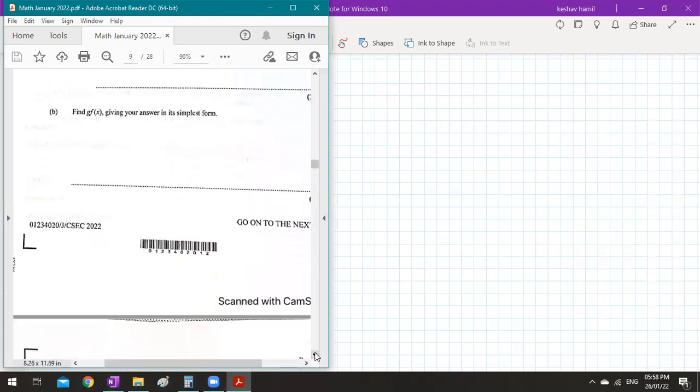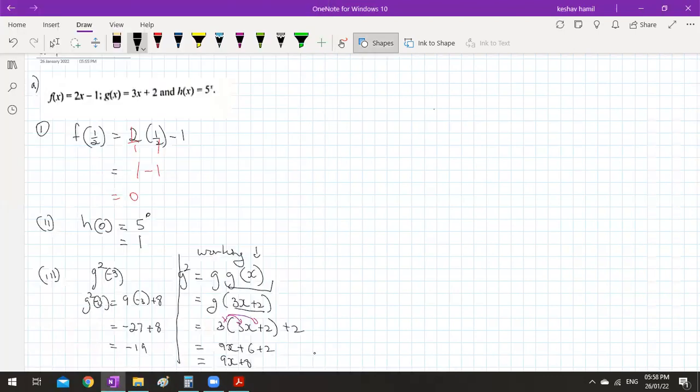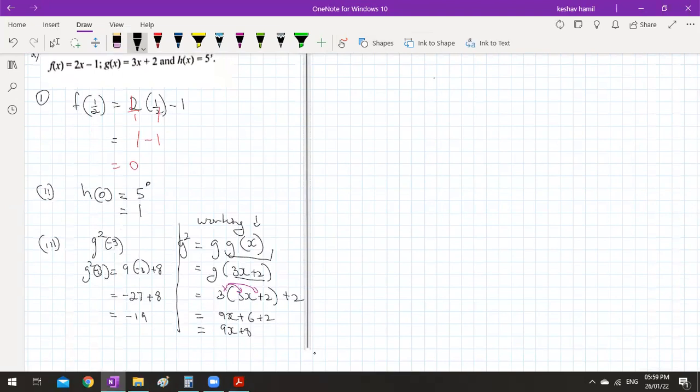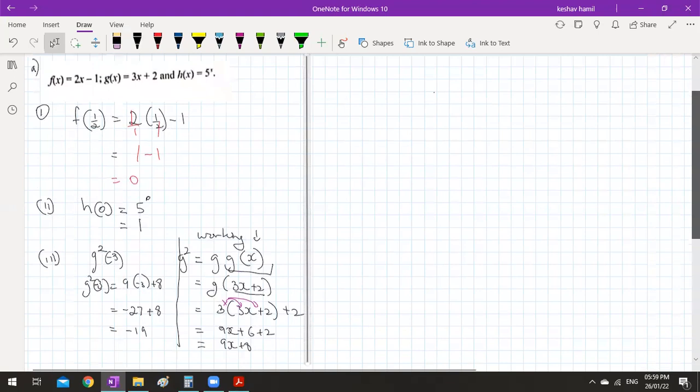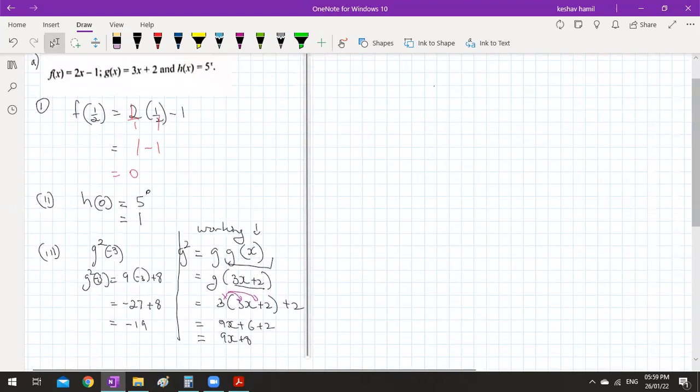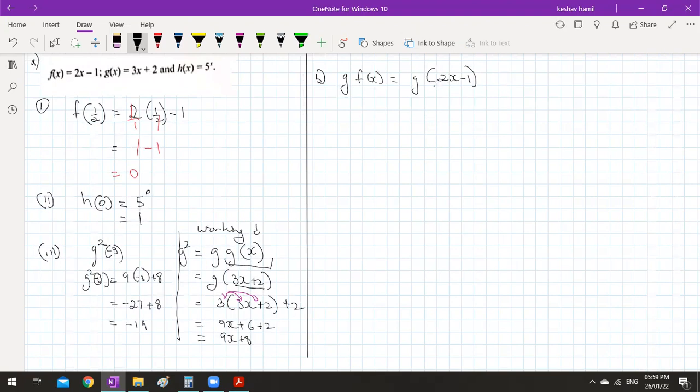Part B, find g f of x in its simplest form. Relations and functions question. So part B, we want g f of x. So just like before, we want the g of x formula. So wherever we see x in the g, we're gonna put 2x minus 1.